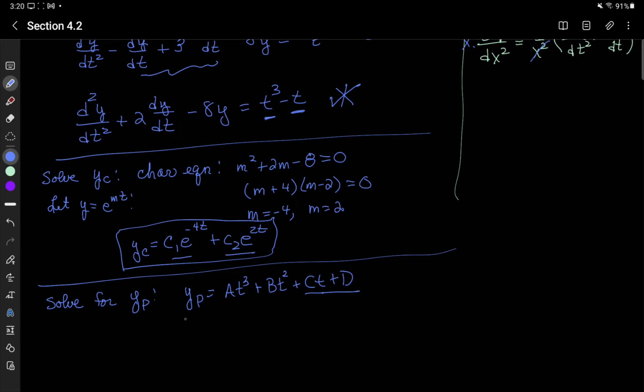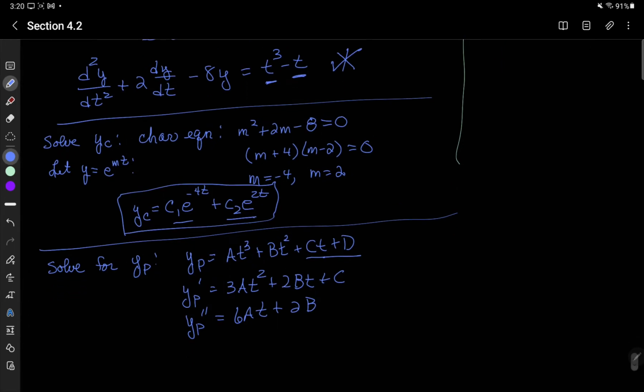And so I have to have my second derivative. I'll find my first derivative is 3a t squared plus 2bt plus c. And my second derivative is 6at plus 2b.